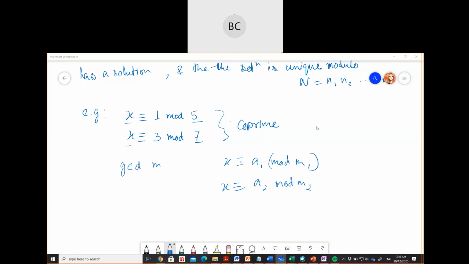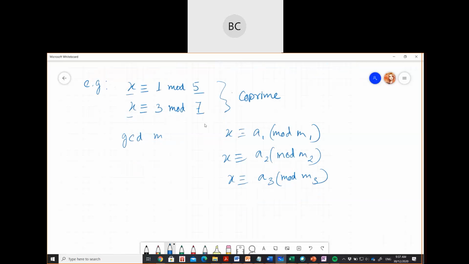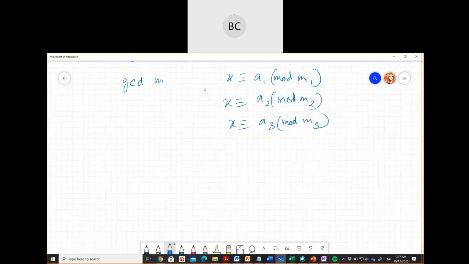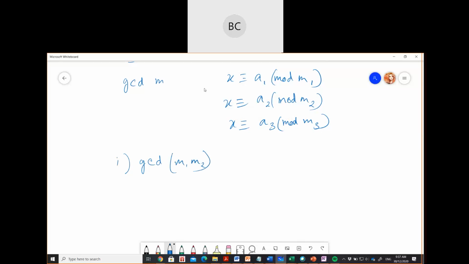Okay, sorry. So suppose these are our equations. This is just the procedure of how you need to find the solution.